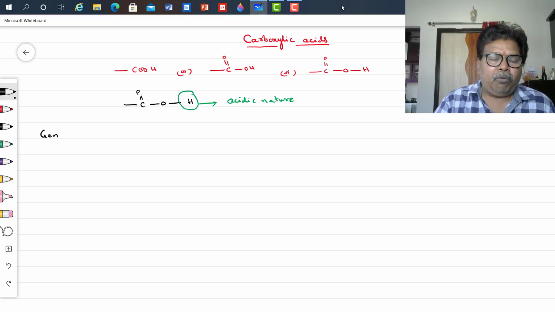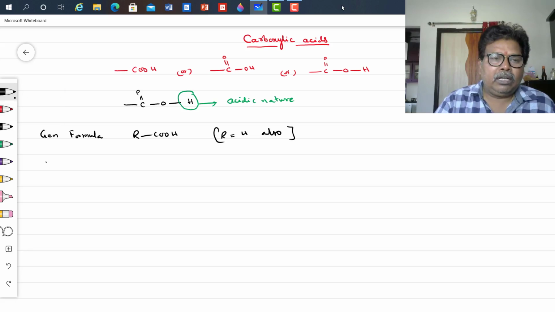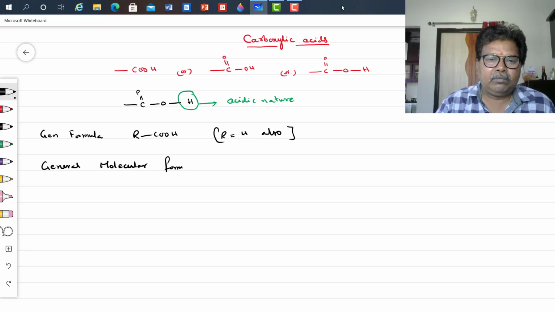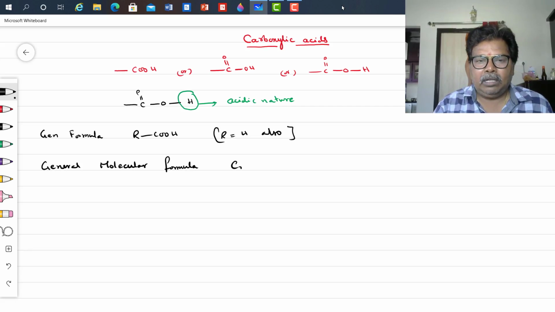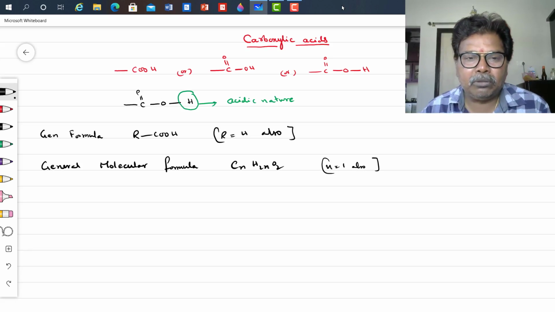General formula: RCOOH, where R can also be H. General molecular formula: CnH2nO2, where n can also be 1.